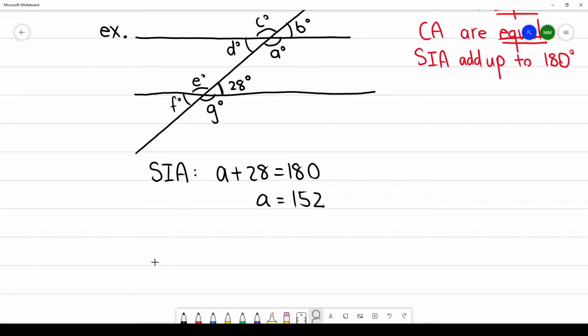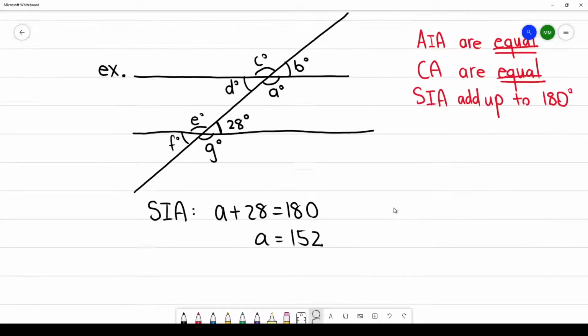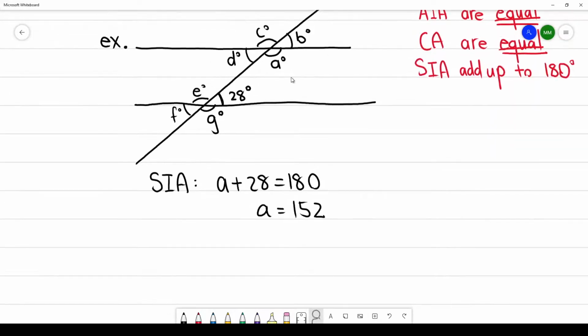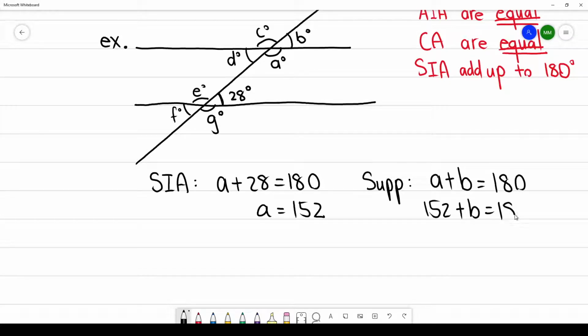And then now I want to find B. So instead of using these three, I'll just straight up use supplementary angles. We have A plus B is equal to 180. So then 152 plus B is equal to 180. So B is equal to 28.